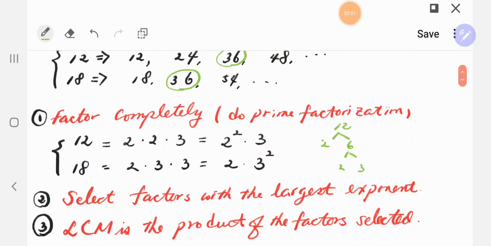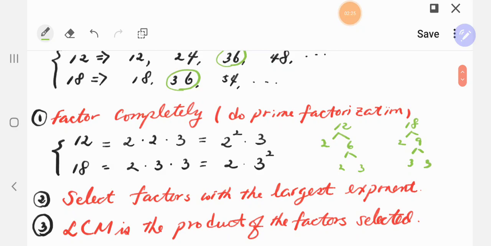So 12 is 2 times 2 times 3, which is 2 squared times 3. Now 18 is 2 times 9, and 9 is 3 times 3. So 18 is the product of 2, 3, and 3, which you can write as 2 times 3 squared.